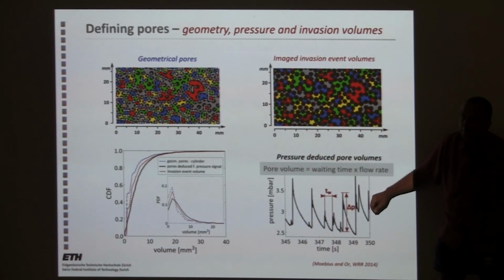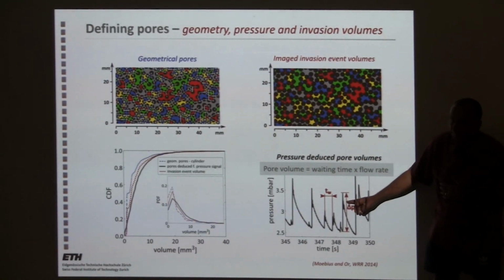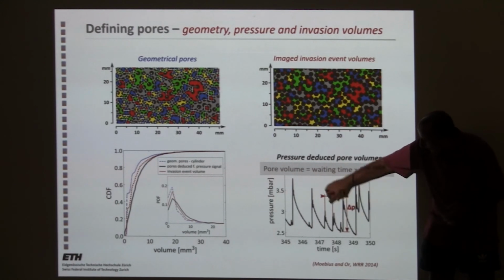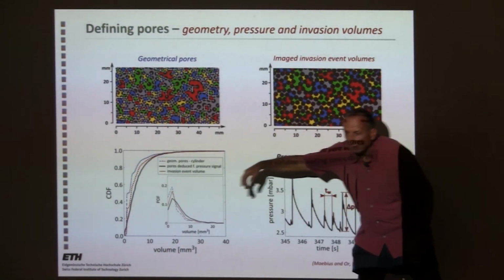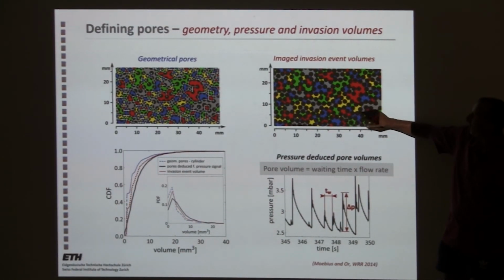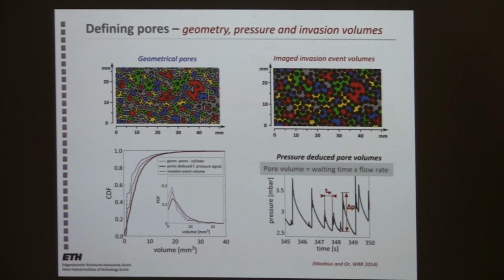It will depend on the pore size distribution that I have in the system. So if I do it slow enough, I can take this time between these events and calculate a pore size. And actually, it's no different than the geometrical pore size or the imaged invasion pore sizes. They are very, very close to each other, which is kind of surprising.